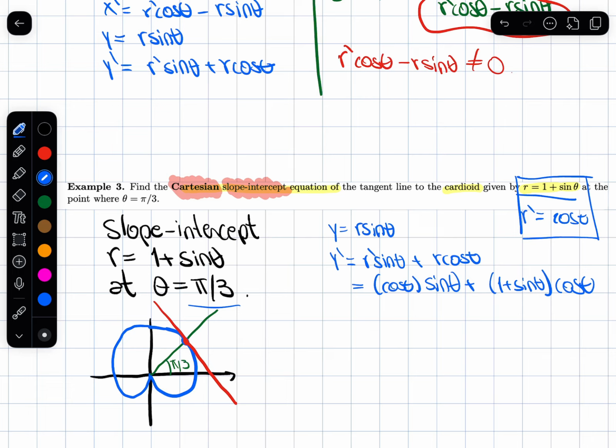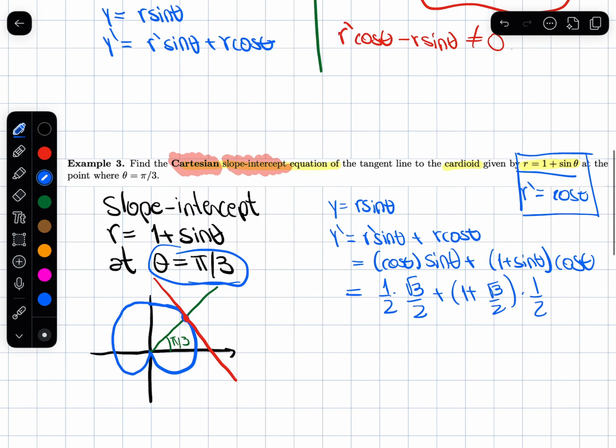And now that all derivatives are done with y, I can immediately plug in theta. I don't have to simplify things over here with thetas anymore because I already know the value of theta, so I might as well immediately say the cosine of pi over 3. Pi over 3 is 60 degrees, so that is 1/2 times square root 3 over 2 plus 1 plus square root 3 over 2 times 1/2 like this.